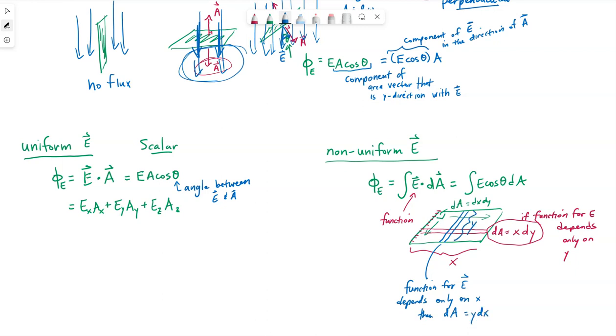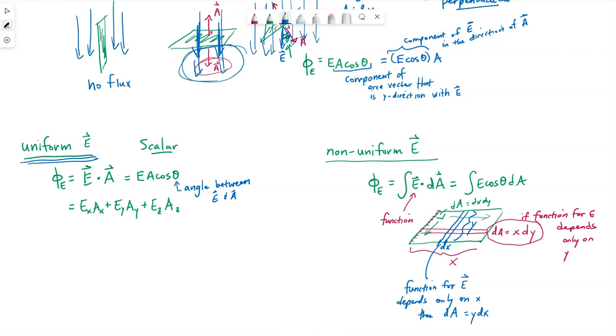The y would represent the length along the y-axis, and then dx would represent these little tiny lengths. So we would be breaking it into rectangles to add up. So we'll look at that later as well. A lot of our situations that we're going to talk about right now is for a uniform electric field.